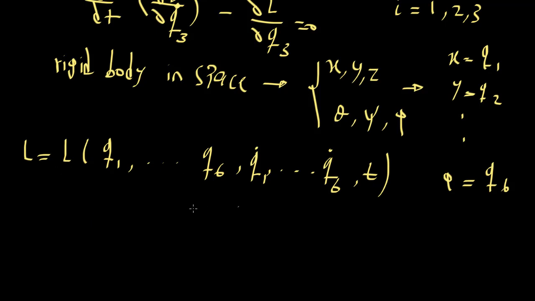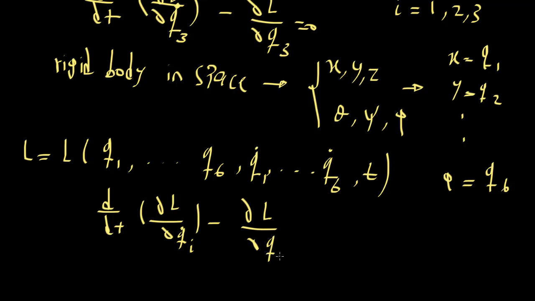And then once we have this, again, we can write down the equation d over dt, derivative of L with respect to qi dot, minus derivative of L with respect to qi equal to 0, and here i is equal to 1, 2, all the way to 6.